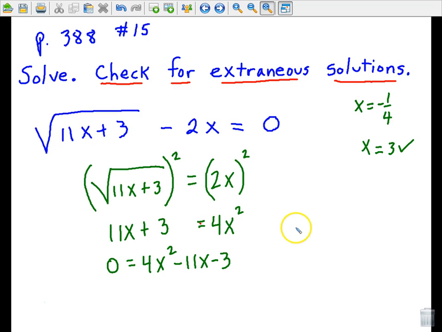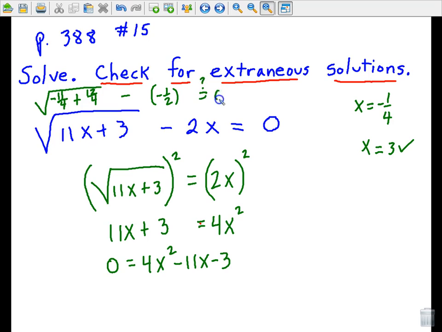What about negative 1/4? What is 11 times negative 1/4? Negative 11/4. And what is 3 as a fraction using fourths? 12/4. Minus 2 times negative 1/4 is, or I guess we add the minus, so negative 1/2? Yeah. Okay.